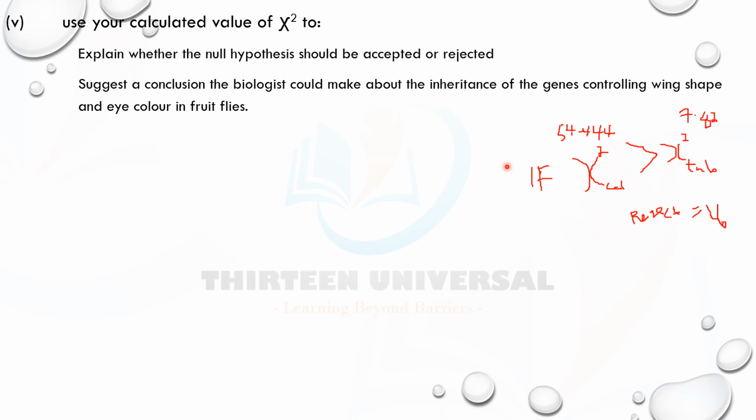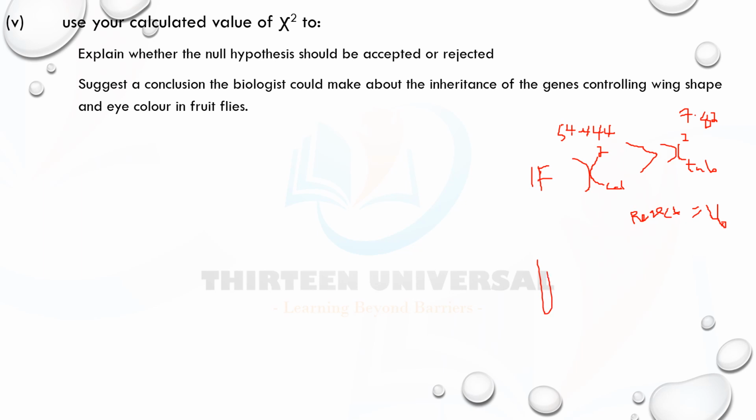The difference could be suggesting that the genes for wing shape and eye color in fruit fly are on the same chromosome, so they show autosomal linkage. They are on the same chromosome, so they are not independently assorted.